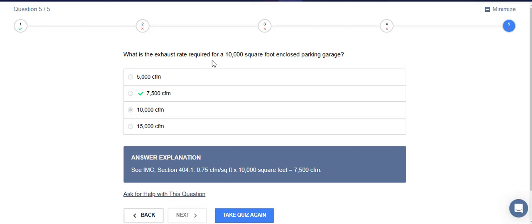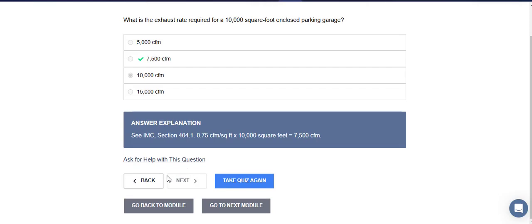What is the exhaust rate required for a 10,000 square foot enclosed parking garage? 7,500 CFM. This is 0.75 CFM per square foot as per International Mechanical Code Section 404.1, multiplied by 10,000 square feet, which gives 7,500.